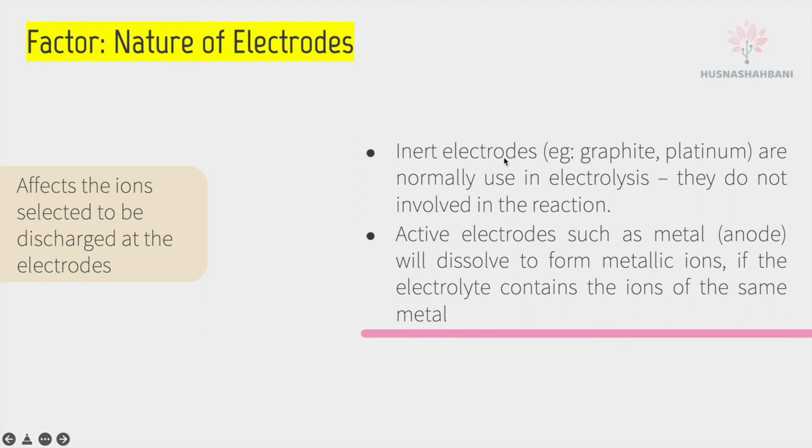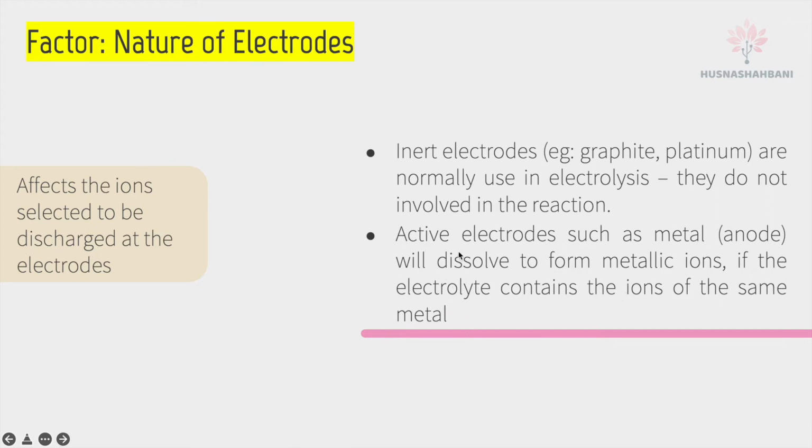Inert electrodes, for example graphite or platinum, are normally used in electrolysis. We usually use inert electrodes because they don't get involved in the reaction. But we can also use an active electrode. Active electrode, such as a metal anode, will dissolve to form metallic ions if the electrolyte contains ions of the same metal.